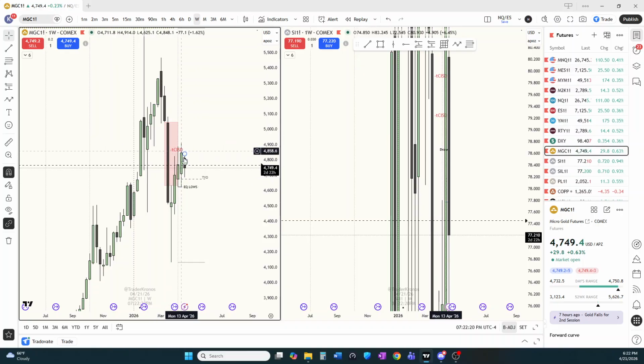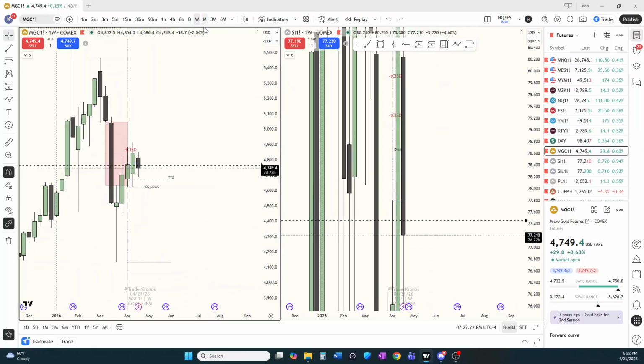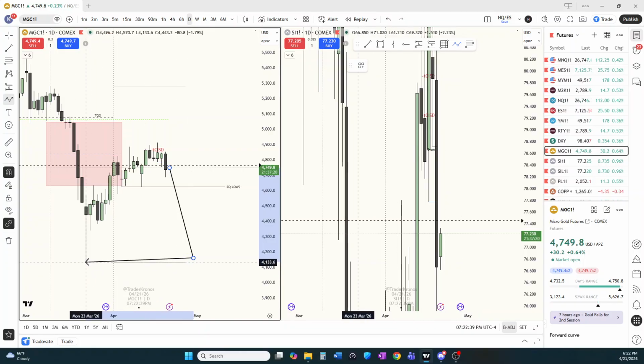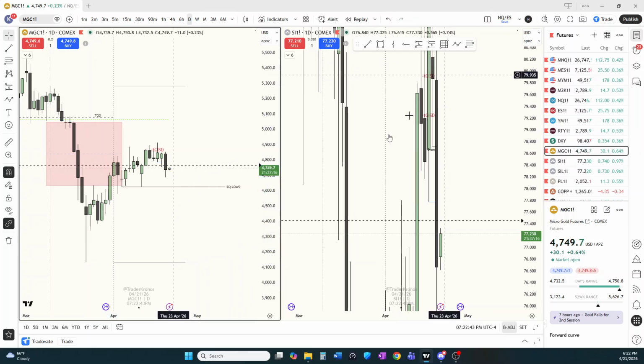We're heading now out of the IRL. And so your market maker model, when you drop down a time frame here, here's your buy side of the curve coming back into the internal range. So this is now starting your sell side of the curve back down, targeting this low here.